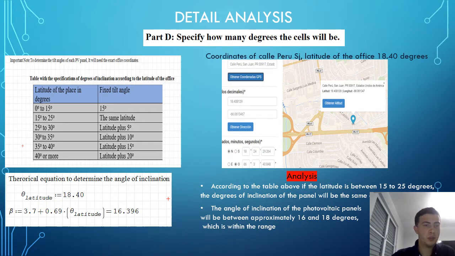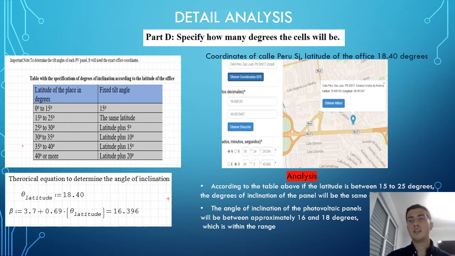We have this equation to determine the angle of inclination of the panels, that is approximately 16 degrees.